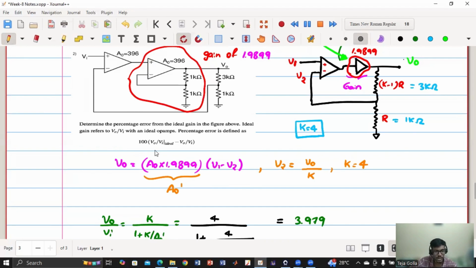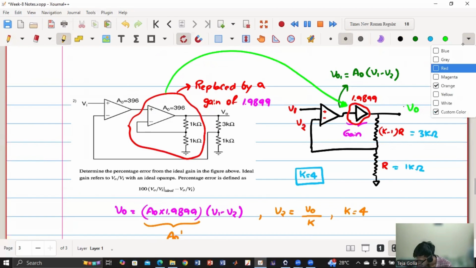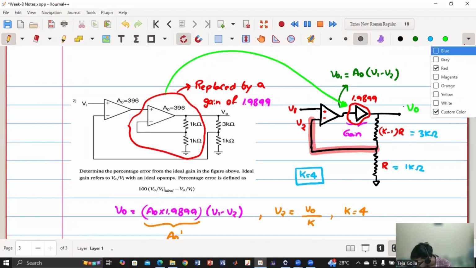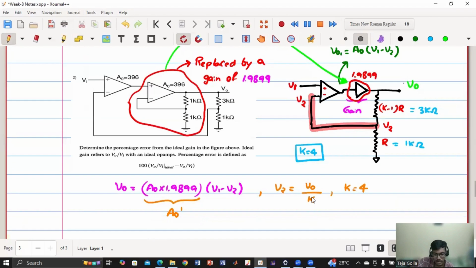And V2 is this voltage, so this entire voltage is same. If that is V2, then this is also V2. So now my V2 is 1 by 4 times V naught, where K is 4.